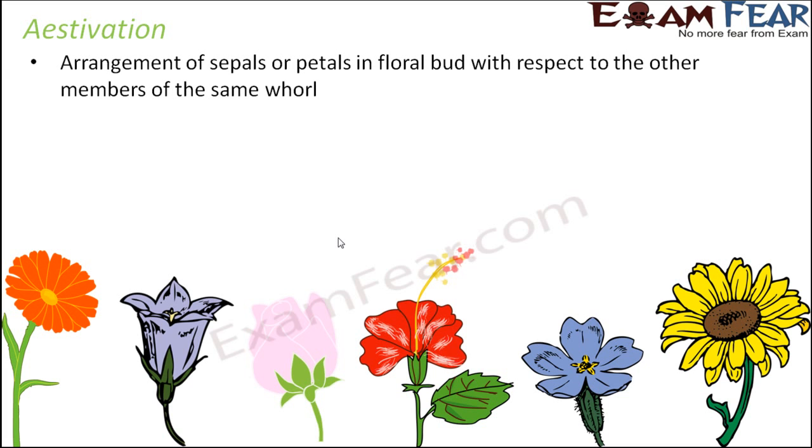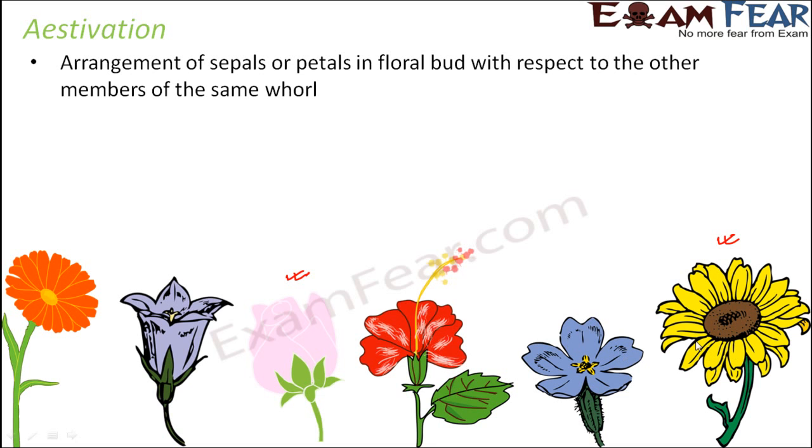So aestivation is basically the arrangement of sepals or petals in a floral bud with respect to the other members of the same whorl. On the screen you see many different types of flowers, and the arrangement of their petals and sepals varies. For example, the way the petals are arranged in a rose is quite different from the way they are arranged in a sunflower.